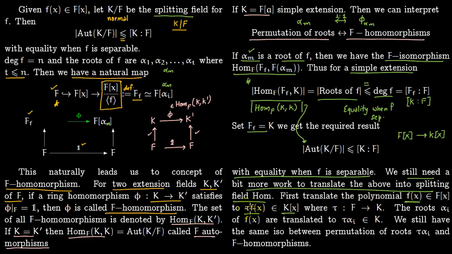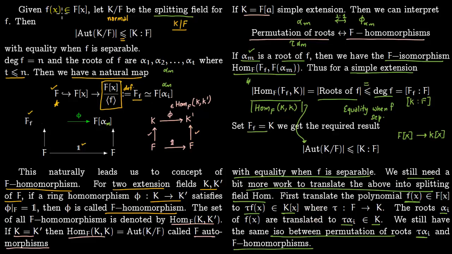So if the roots of your polynomial are alpha i in this field f, then they are translated to tau of alpha i in k. And that's it. Now instead of talking about alpha m, you talk about tau of alpha m, and you still have the same f homomorphisms. So we will still have the same isomorphism between permutations of roots tau alpha i and f homomorphisms. And that is the end of the story.